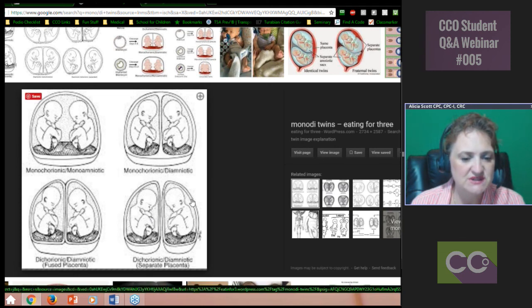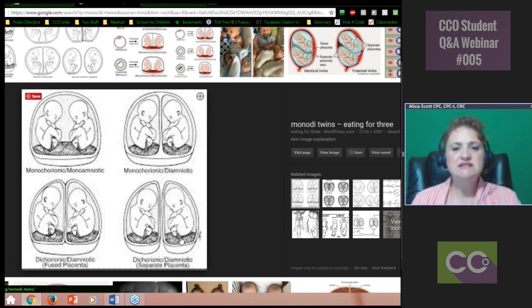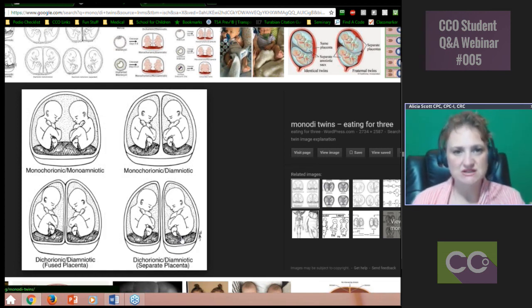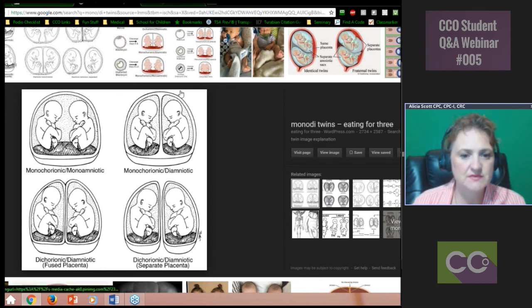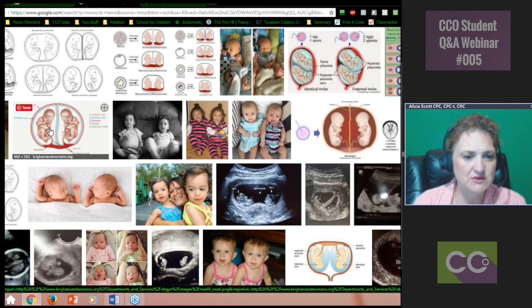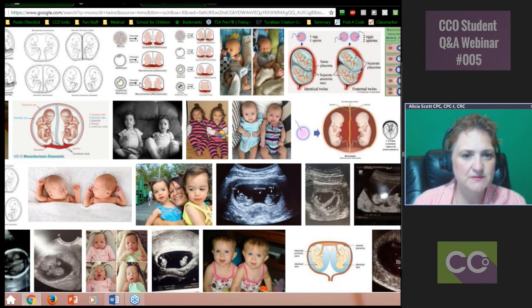This is a fused placenta, and this is two placentas. So it has to do with the placenta, honestly, when you break it down. Now let's see if the other one loaded. Doesn't look like it did. I wanted this one to open up because it looks like a really good one, a little easier to see. But of course, images take time.